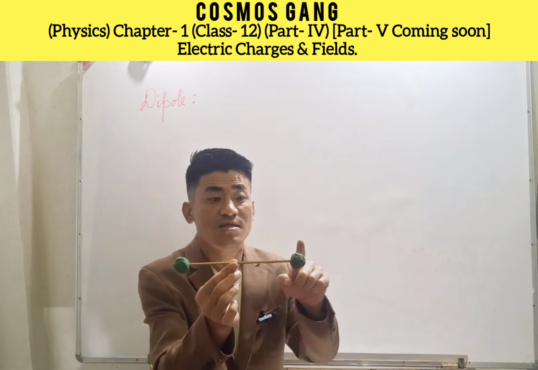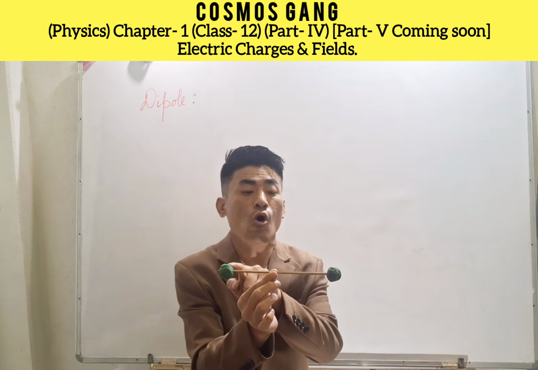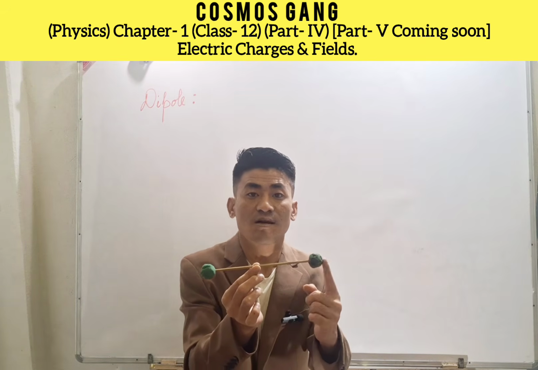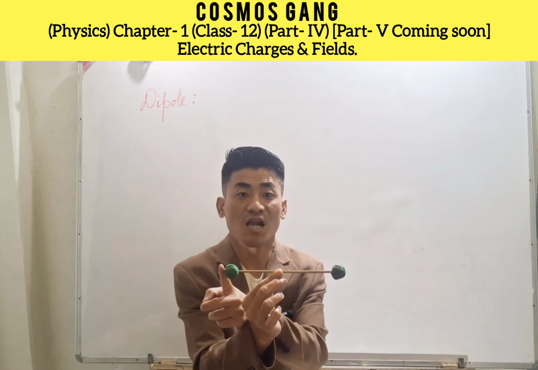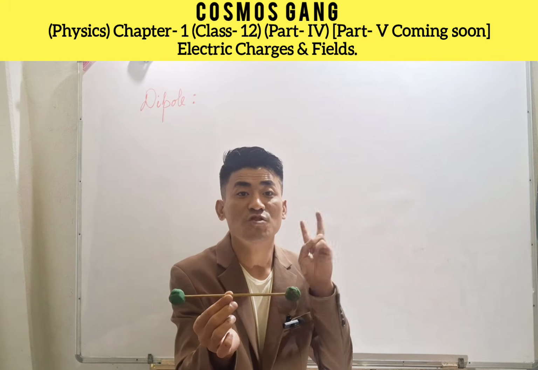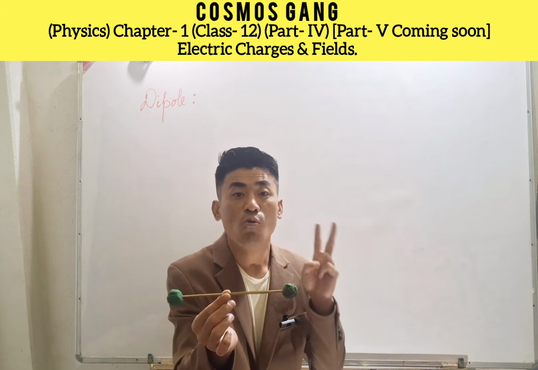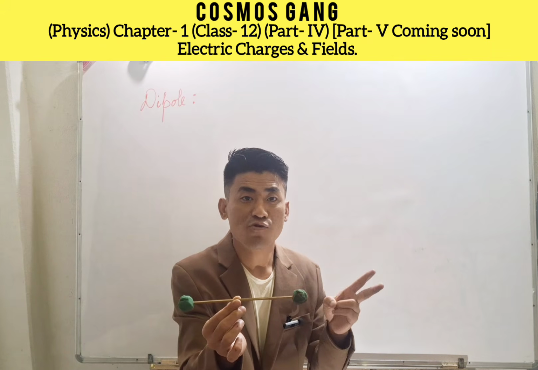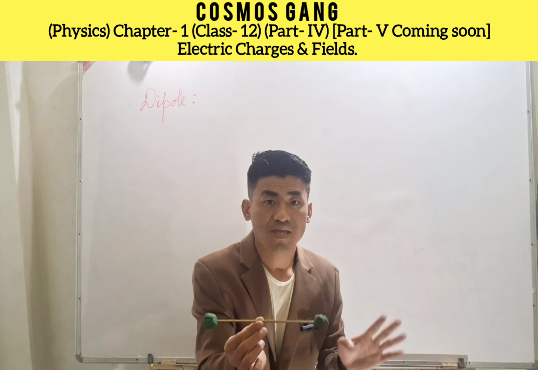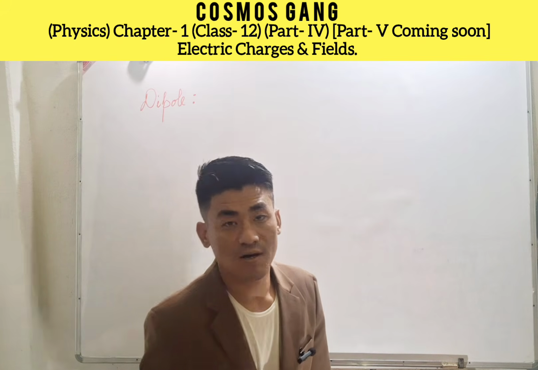Remember that the charges are going to be equal and opposite. That means if this is plus 5, then this should be minus 5 coulomb. So this whole concept, a pair of two equal and opposite charges separated by a very small or finite distance, is called our dipole.